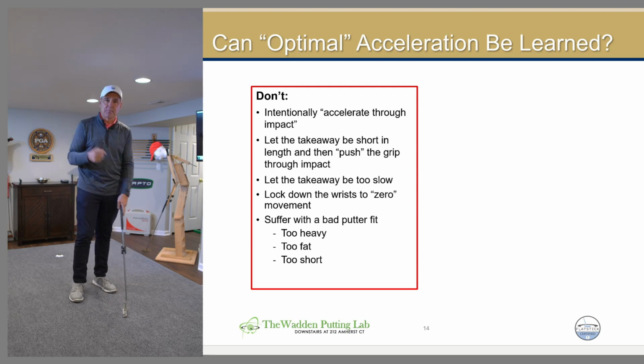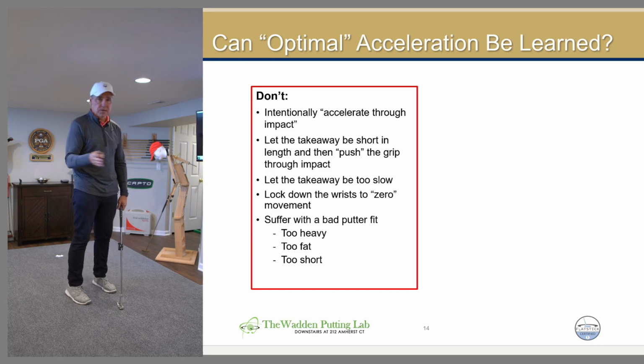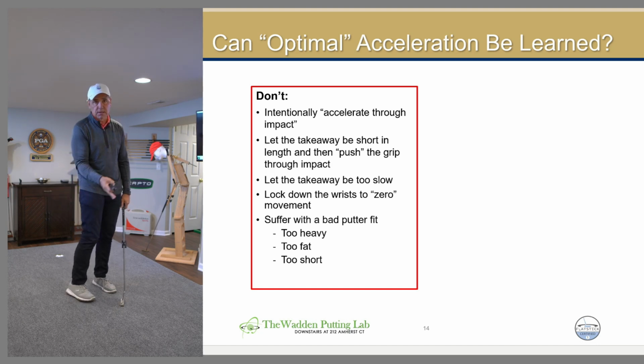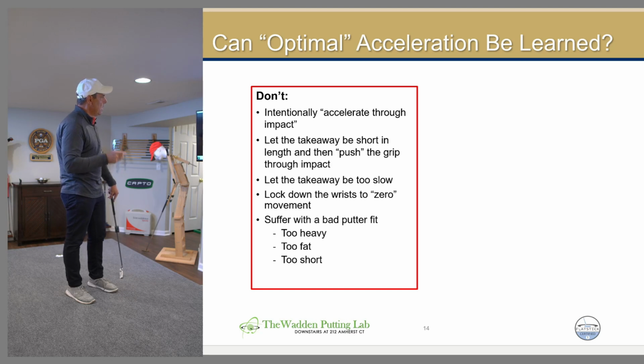If you ever put a HackMotion device on your wrists, 3 to 4 degrees of movement is typically what I see from good putters. Not 0, and not 7, 8, 9, or 10 degrees either. Anywhere from 2 to 4 degrees on both sides, the takeaway side and the release side.